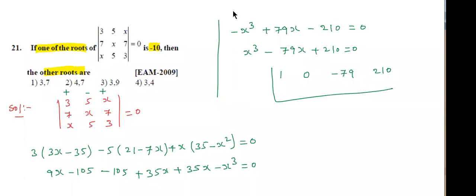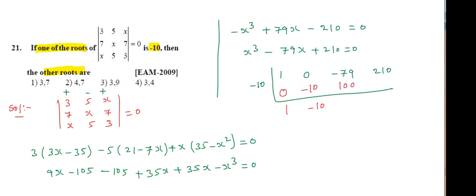We know one of the roots is minus 10. Do the synthetic division and you will get the remaining. In Horner's method, put 0. 1 plus 0, 1. Minus 10 into 1, minus 10. We get minus 10. Minus 10 into minus 10, 100.